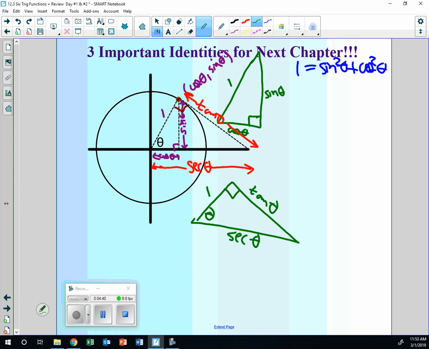Now back in geometry, long ago, you saw that if you have 2 right angles that are the same, 2 angle thetas that are the same, what will these 2 angles be? The two right angles are the same. The two thetas are the same. What about these two non-labeled angles? Same. So that means all the angles of the triangles are the same. That means they're special. They're similar triangles.